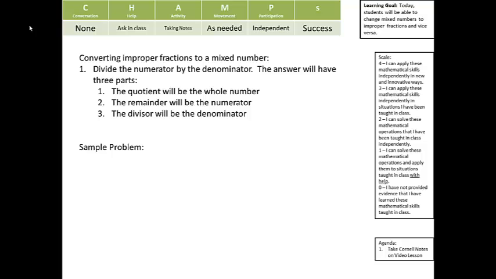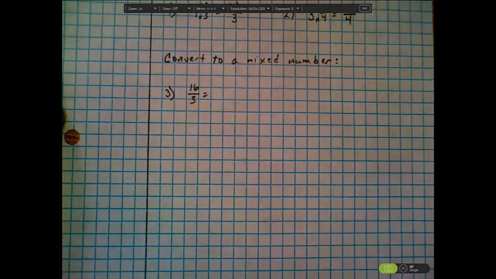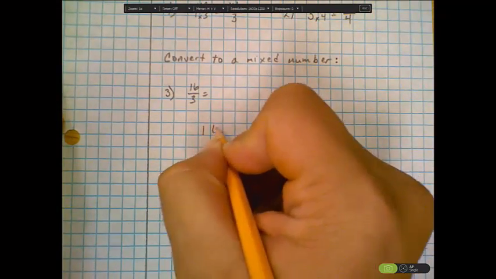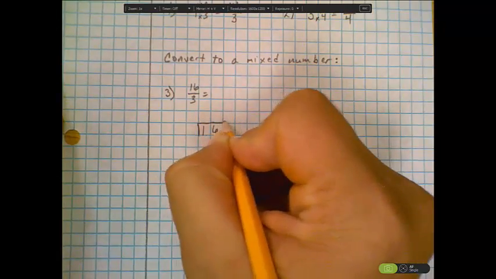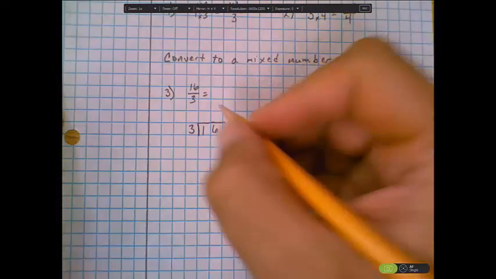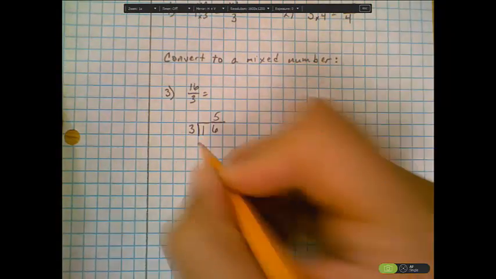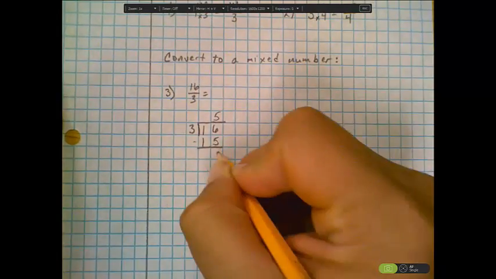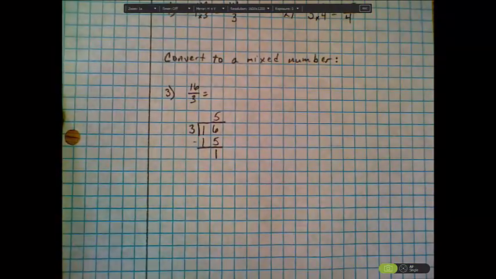So let's do a sample problem to see what this process looks like. We're going to convert 16 thirds to a mixed number. We're going to put the 16 inside of the house, and we're going to divide by the 3. 3 goes into 16 5 times. 5 times 3 is 15. We're going to subtract and we get a 1.